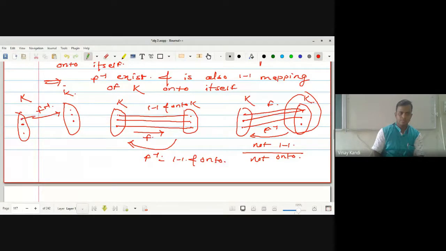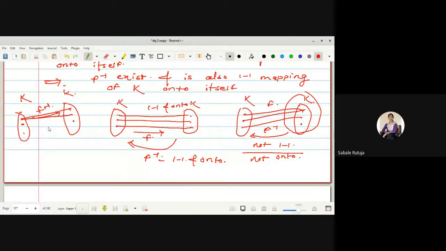Is this the definition of a function? No, sir. Because what type of relation is it? One to many. So we cannot define F inverse if the function is not 1, 1 and onto.